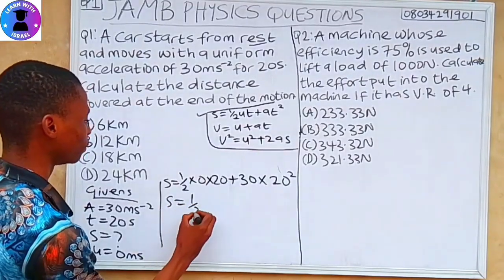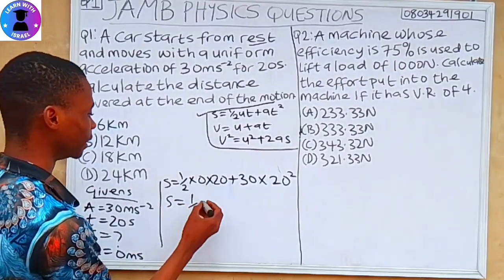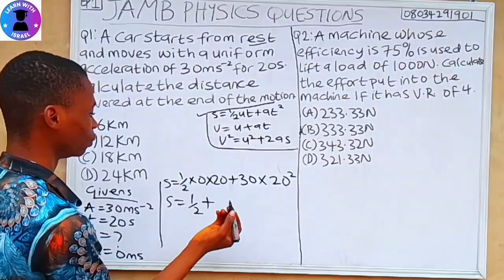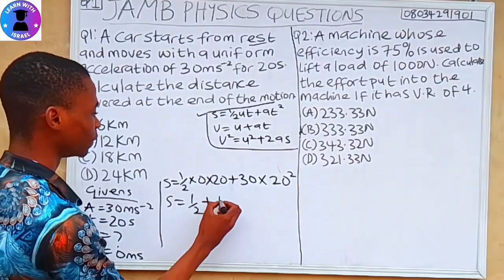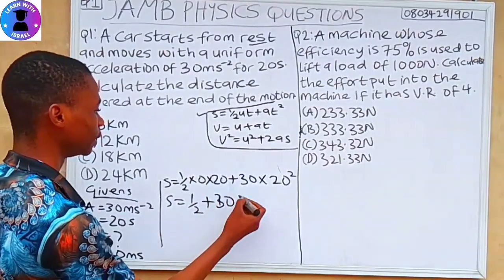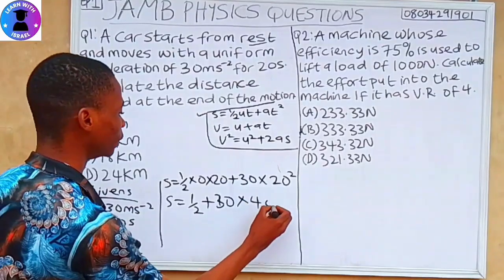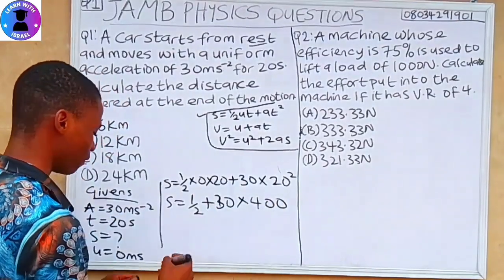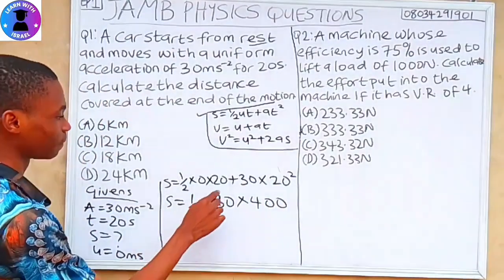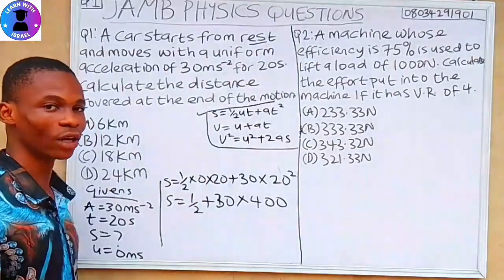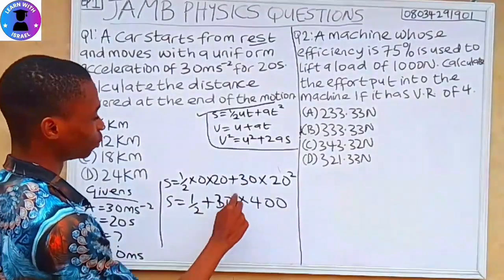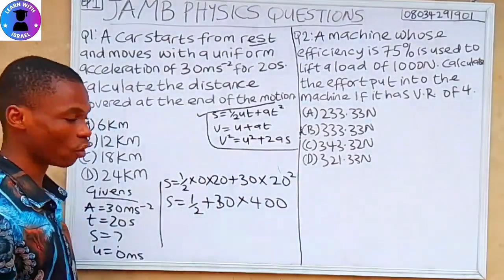Zero multiplied by 20 is 0, so you don't have to input it. Then we have half of 30 multiplied by 400, and 20 squared is 400.